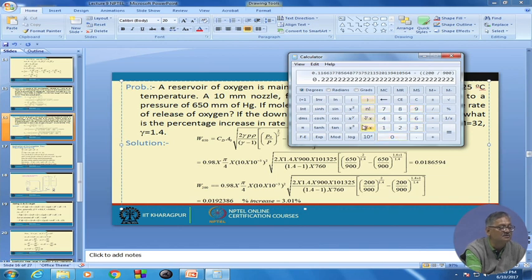This goes x to the power y, 2.4 divided by 1.4 is this, and this is closed, and finally is this, right?